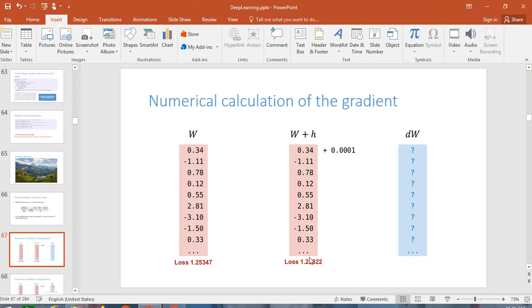The difference between these two, divided by h, is the slope in that component dimension. I mean, we repeat this every time for every dimension. Finally, this dW that is obtained is a vector that tells us that if you move in this dimension, the loss will decrease by this amount. That direction of movement is called the gradient.